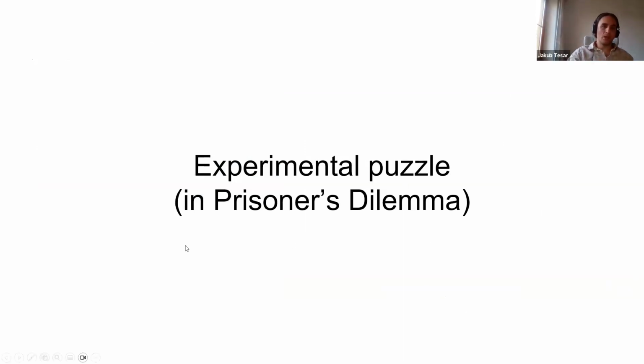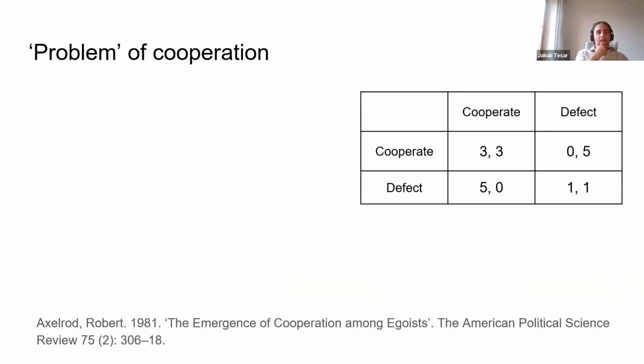So I will go through some experimental results that are puzzling from the perspective of classical game theory. First of all, this is something known in political science as the problem of cooperation, with a question mark, because we would obviously be keen to see more of it in international relations, but at least our classical social principles say that states, when facing a prisoner's dilemma, should not really cooperate with each other.